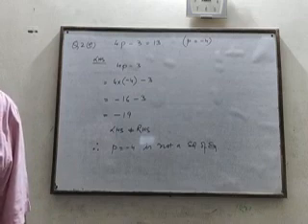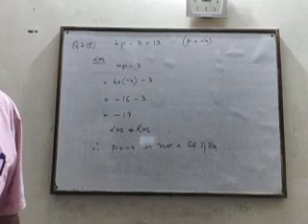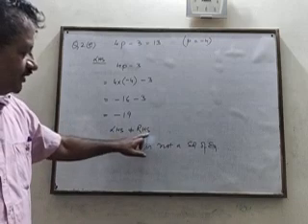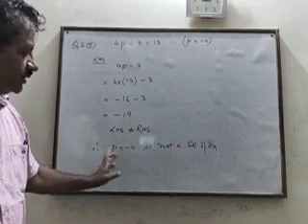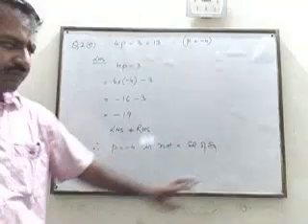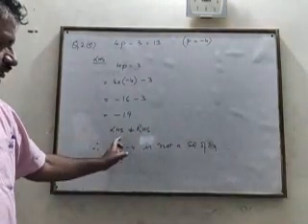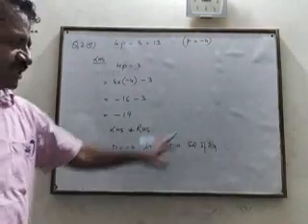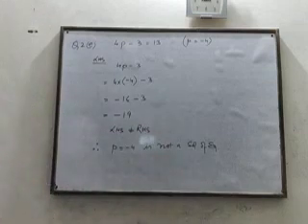So in the same way, we will do all the parts. Wherever the left hand side is equal to right hand side, we will say that this is a solution of the equation, and if it is not satisfied, then we will say this is not the solution of the equation.